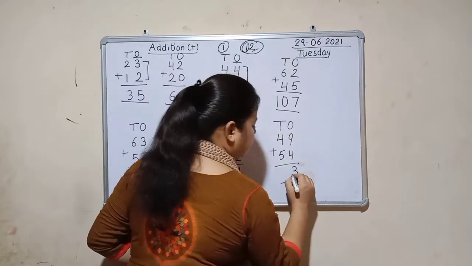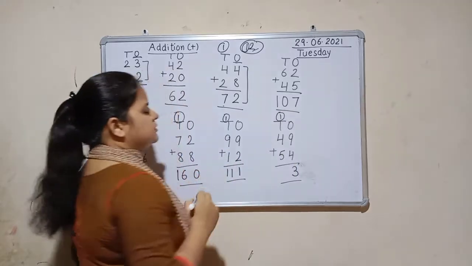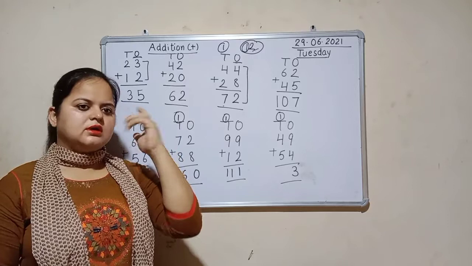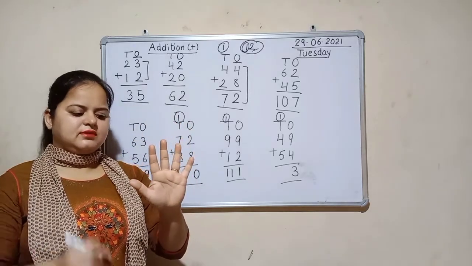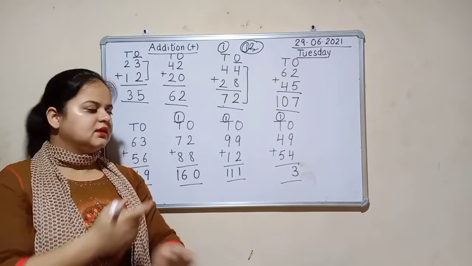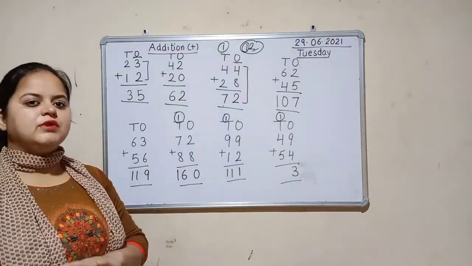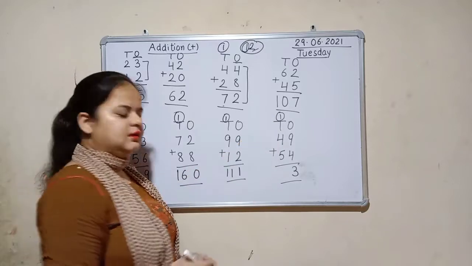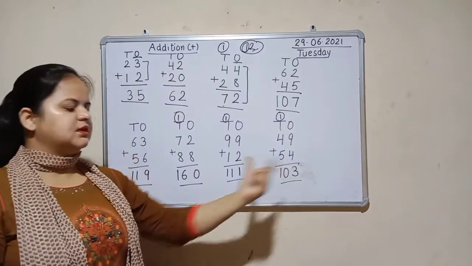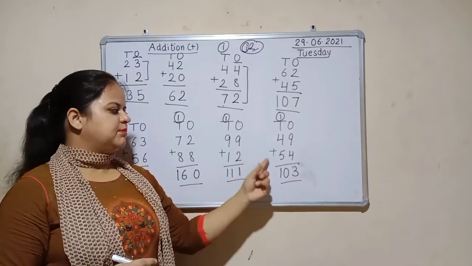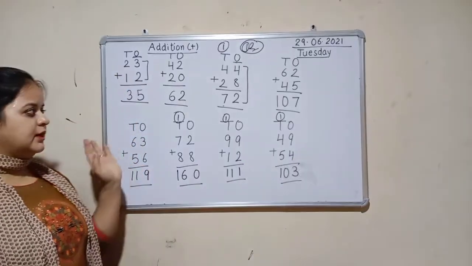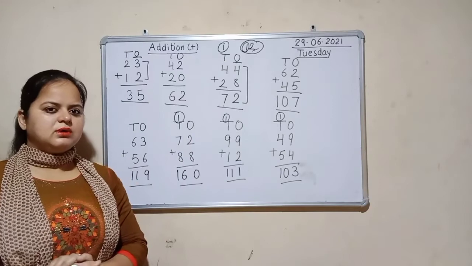So we will write 3 here and 1 on the top. 4 plus 5. 5, 6, 7, 8, 9. 4 and 5, 9. 9 and 1, 10. Very good. So answer is 103. 49 plus 54, 103.